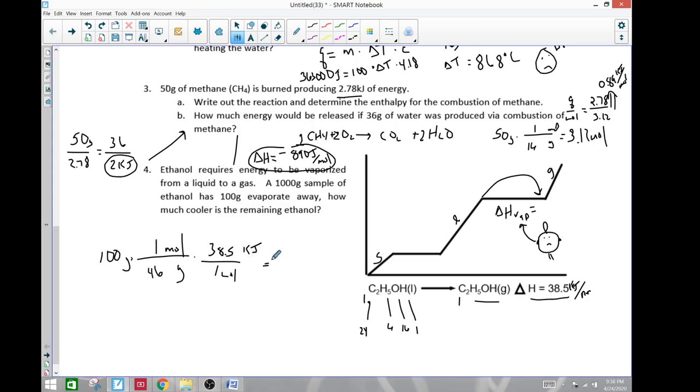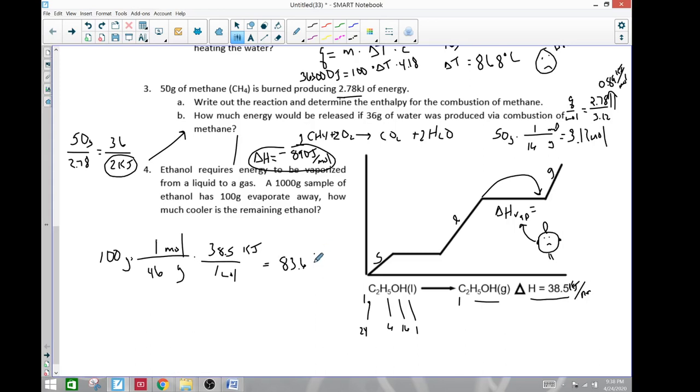Of the 100 grams, I only evaporated away 100 grams of it. That's why I have the 100 there. So 100 divided by 46 times 38.5 gives me 83.6 kilojoules of energy.